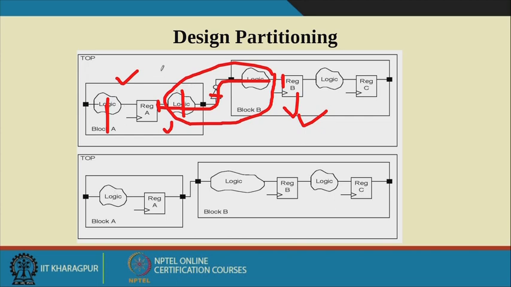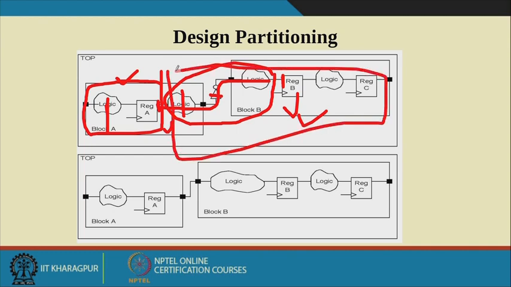Instead, I am considering only this as U1 and the rest as U2. Or I can consider these particular things as logic one, that means U1, and the rest of the things as U2.